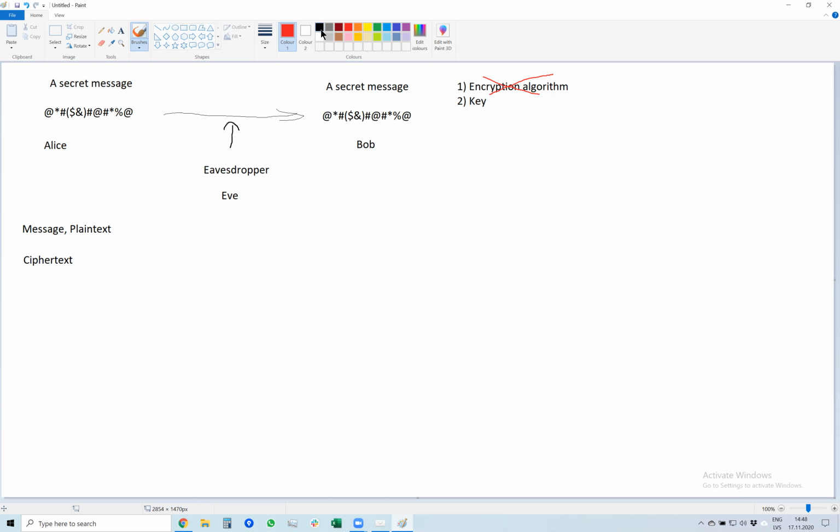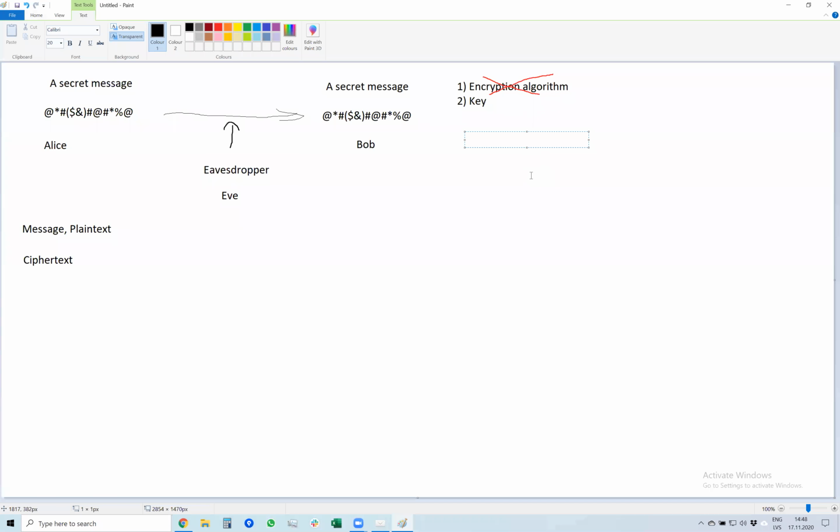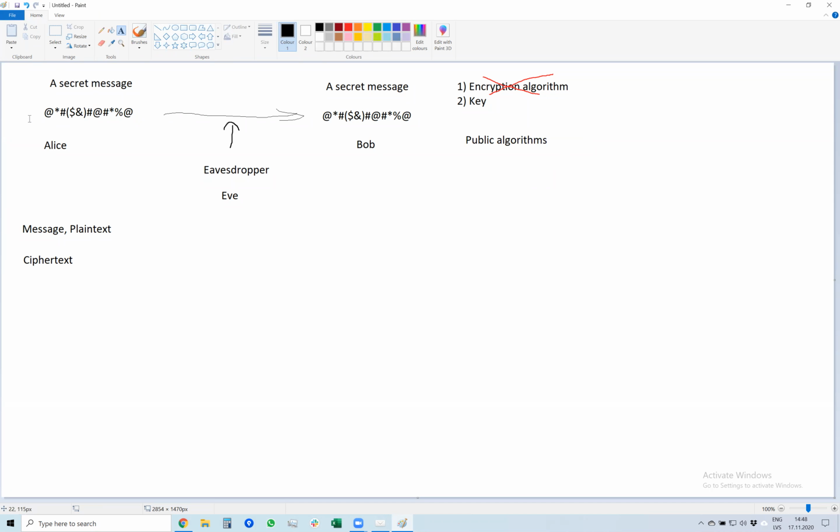Instead, what the world is doing right now is using public algorithms, where people come up with an encryption method and then deliberately publish it so that every eavesdropper can try to break it. And if it's broken, then it's good.